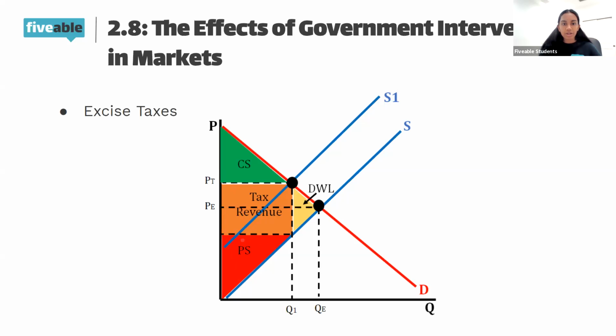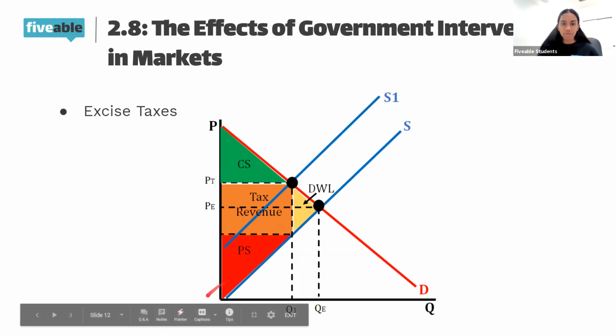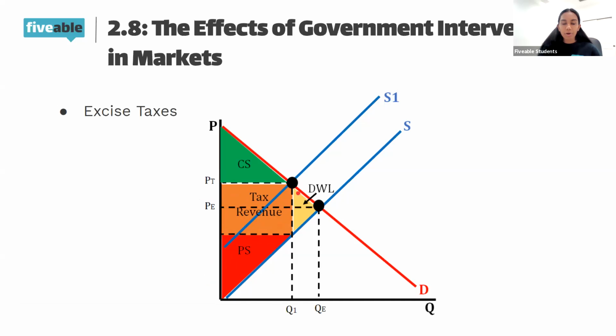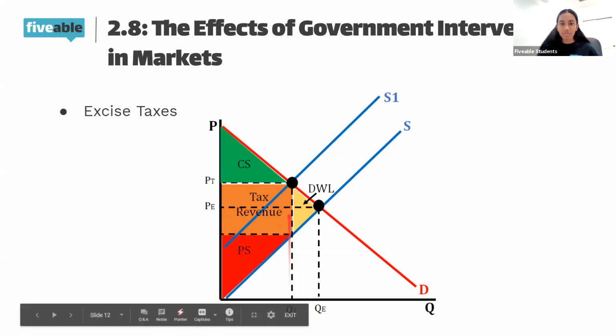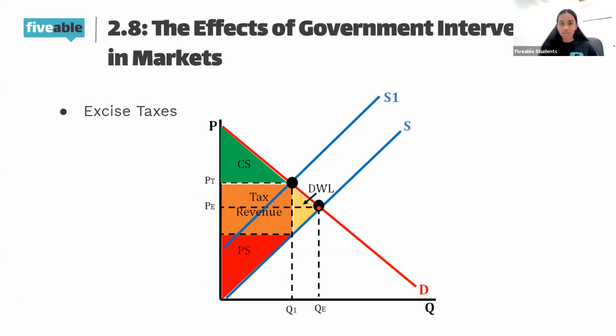Producer surplus used to be this bigger triangle down here, and now it shrunk to this smaller triangle. All of that shrinkage is now converted into tax revenue, and whatever is left to the right of that quantity is deadweight loss.